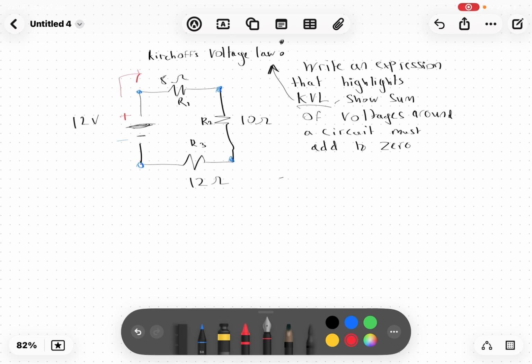We need the current to work out the voltages for the resistors. So all these added up, 30 divided by 12, because that equals R. So the current is 0.4.